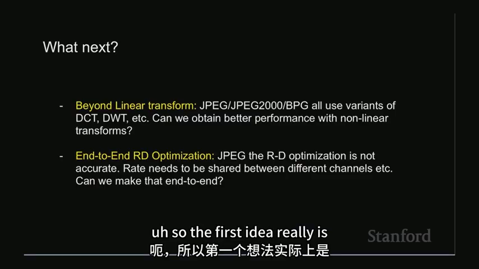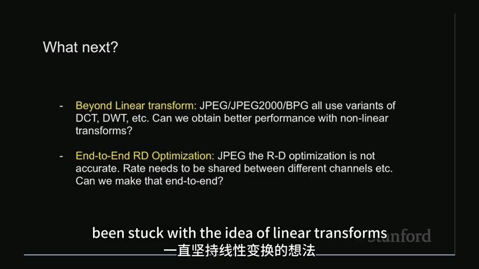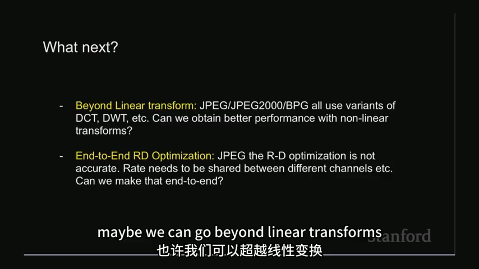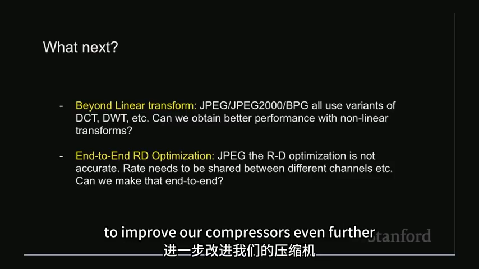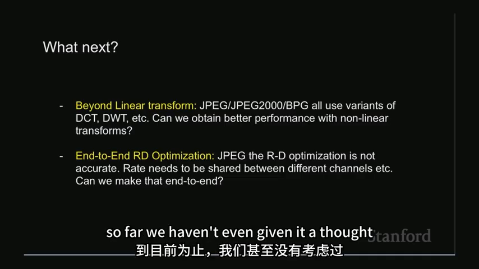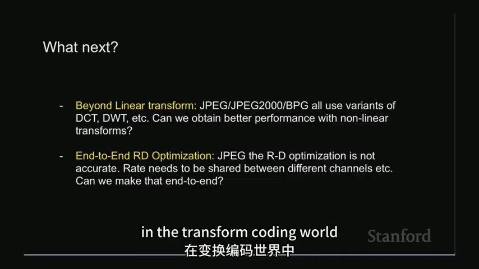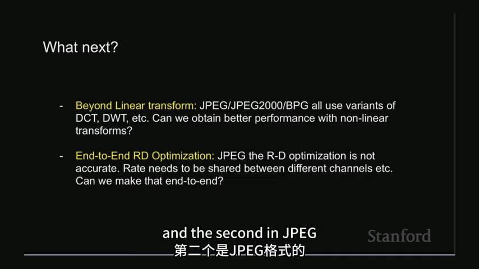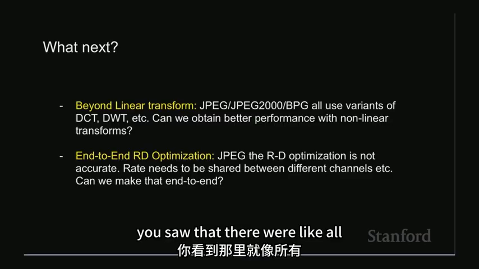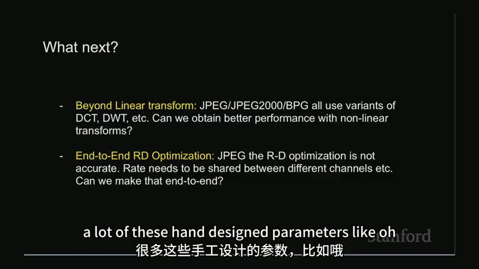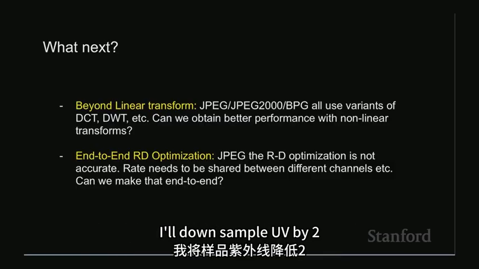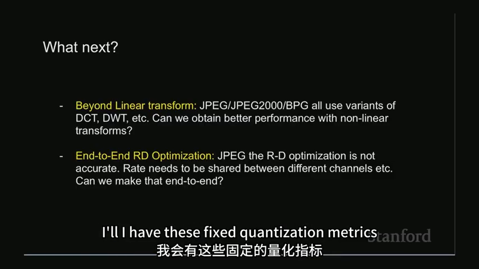So the first idea really is we have been artificially stuck with the idea of linear transforms. Maybe we can go beyond linear transforms to improve our compressors even further. So far, we haven't even given it a thought in the transform coding world. And the second, in JPEG, you saw that there were a lot of these hand designed parameters: I'll go to YUV, I'll downsample UV by 2, I have these fixed quantization matrices.